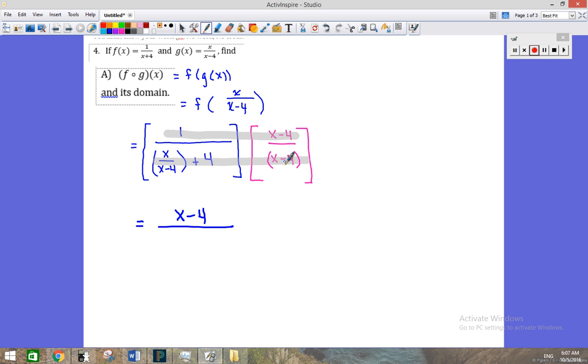When I multiply it times the first term, the x minus 4 divided by x minus 4 cancel and just give me x. Then when I multiply it times the second term, I have 4 times x minus 4. Let's distribute the 4 to both of these terms.